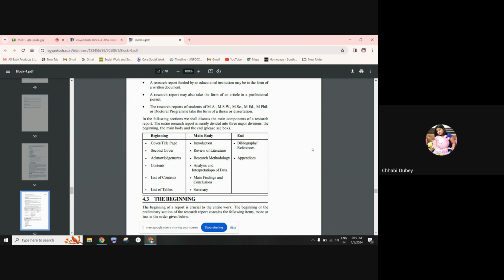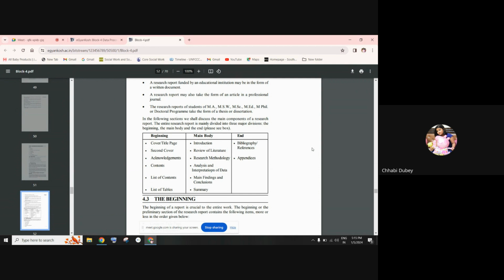It will have the second cover, acknowledgements, the list of contents, and the list of tables. Then comes the main body, where you will have the introduction about the research that has been carried out.